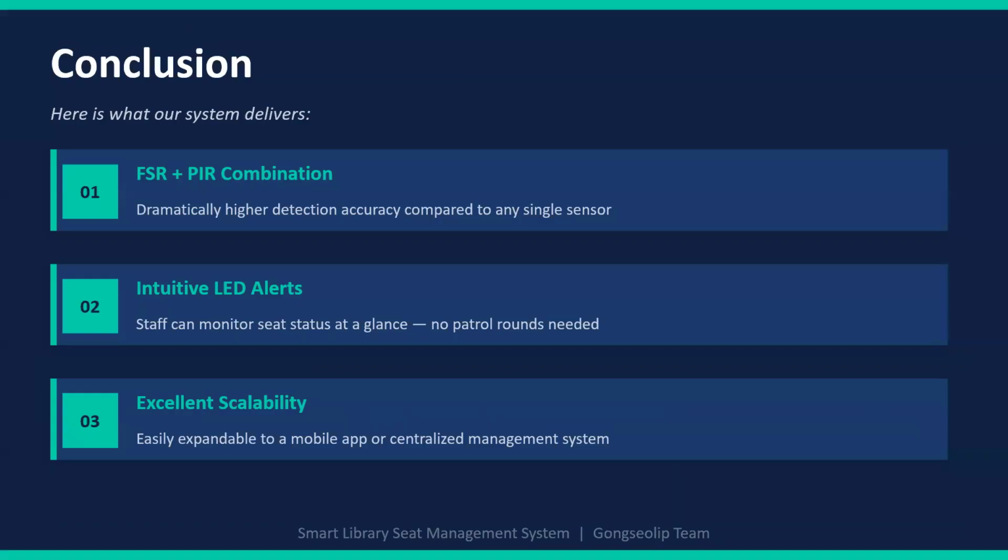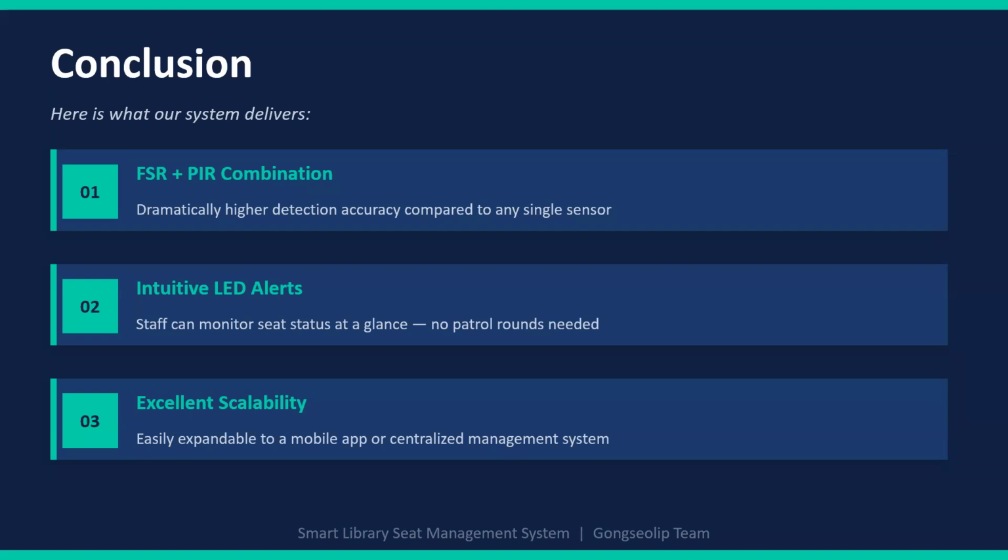In conclusion, the Smart Library Seat Management System developed by our team is a successful engineering design project that intelligently overcame the limitations of single sensor systems through a multi-sensor fusion algorithm.